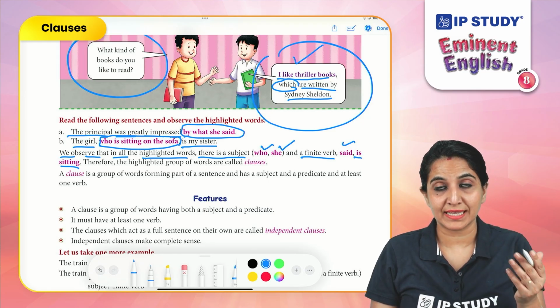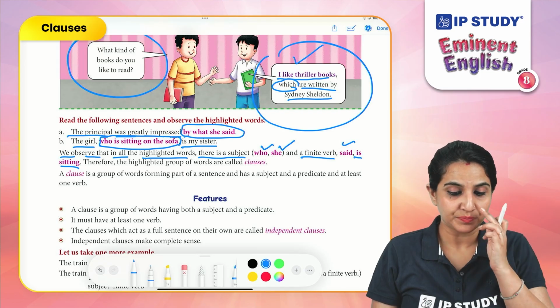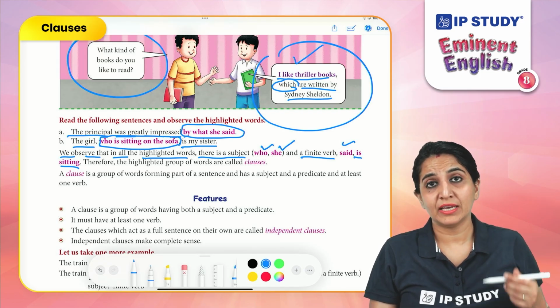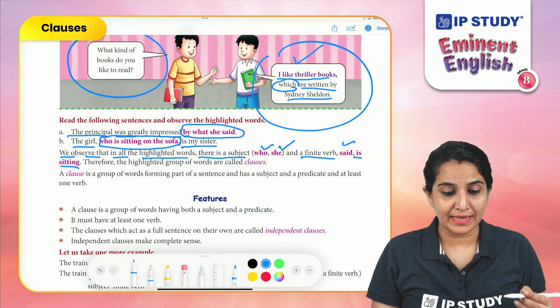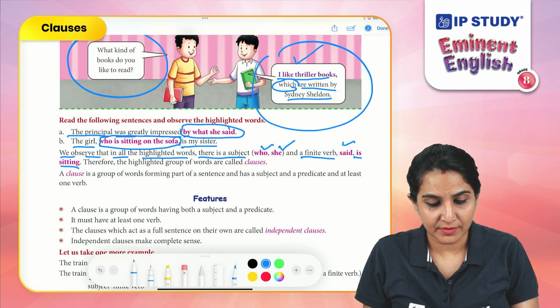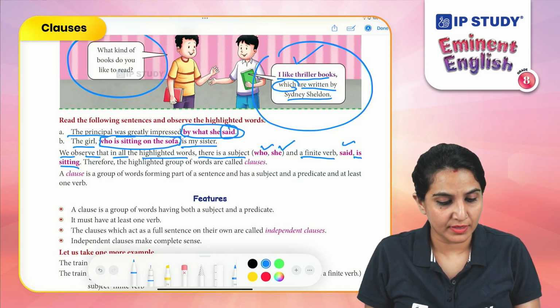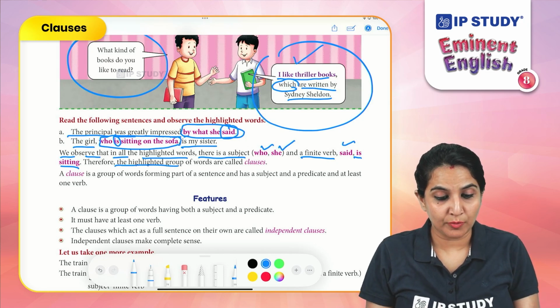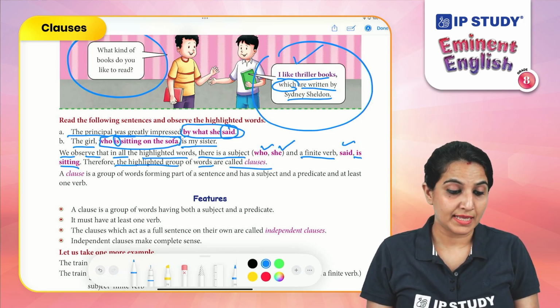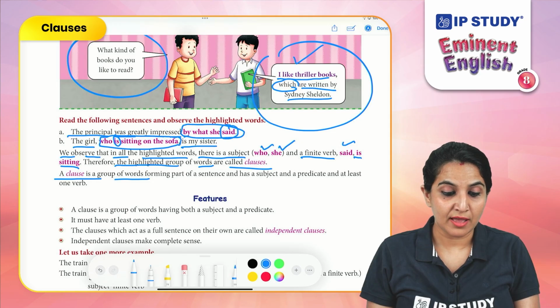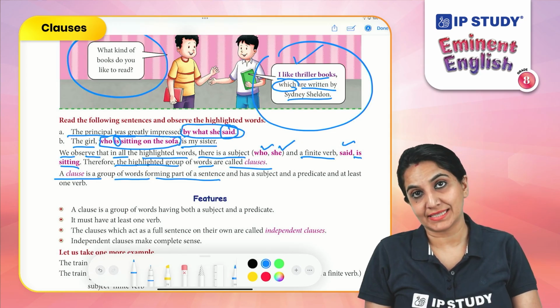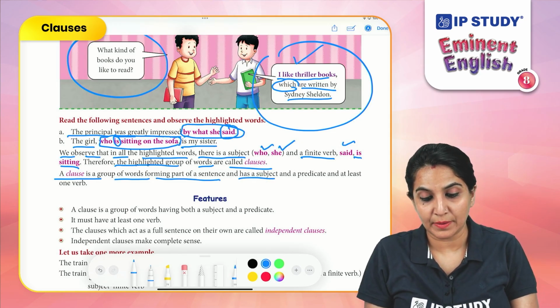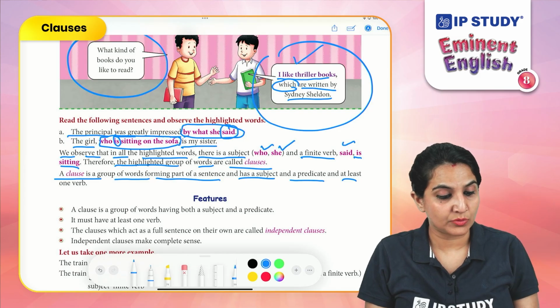And in the first sentence, we have a subject, she. Along with the subject, we also have a finite verb like said and is. That means the highlighted groups of words are called clauses, and a clause is a group of words forming a part of a sentence which has a subject, a predicate, and at least one verb.